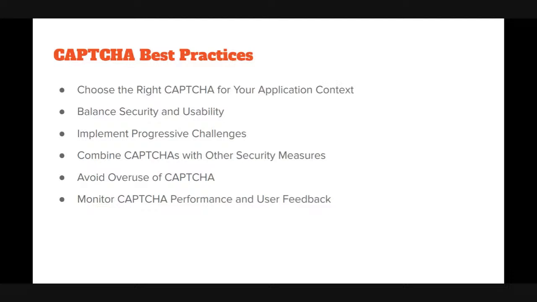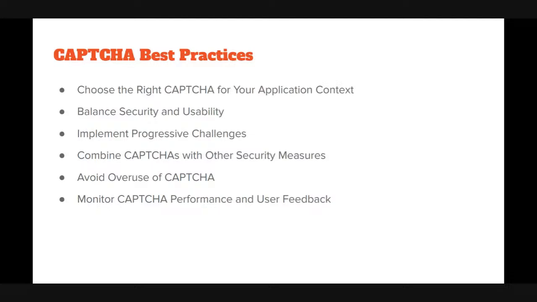We also need to balance security with usability. So options like reCAPTCHA v3 or honeypot are ideal for a smoother user experience as they work in the background. High security applications may need multiple layers, but avoid excessive captcha challenges that could drive users away. So we need to keep an eye on this.